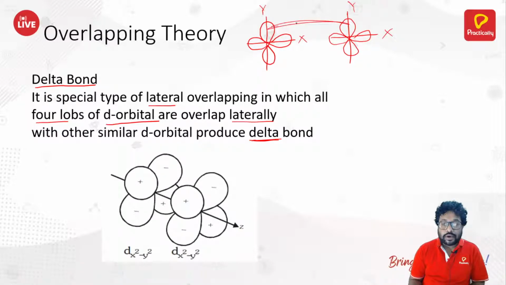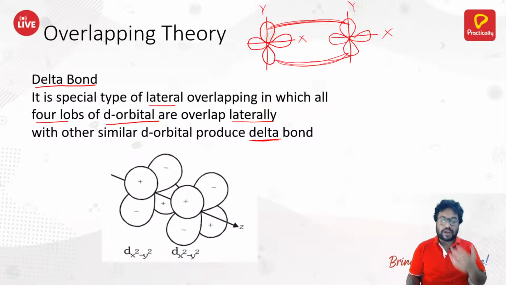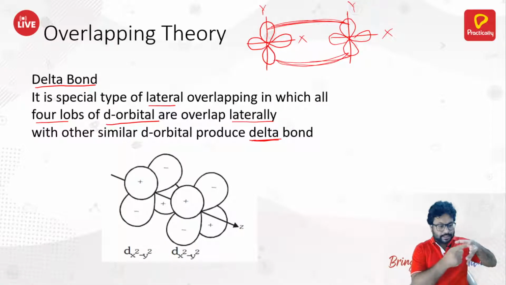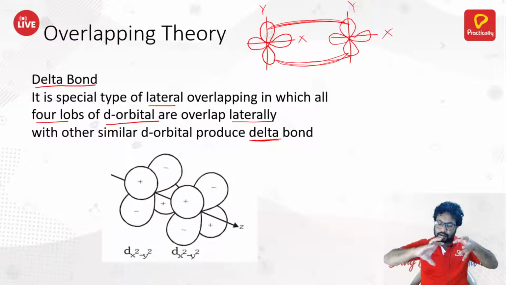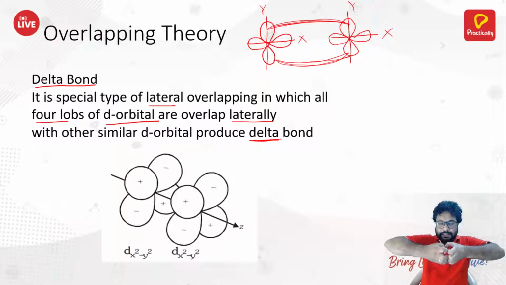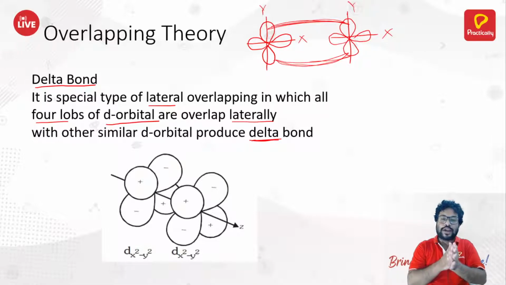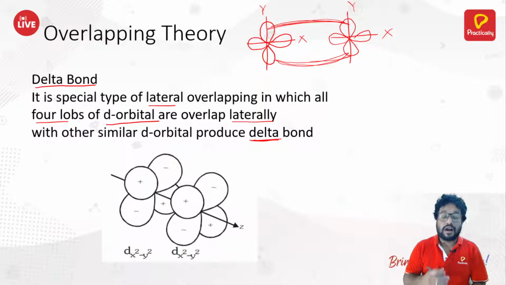I cannot show you because this is in 2D; they are actually overlapping in 3D. If you take that side of xy, it should look like this, 4 orbitals, and from this side 4 orbitals, and then they overlap laterally. So when this type of lateral overlapping happens with the d orbital, especially dx square minus y square with another dx square minus y square, then the produced bond is called a delta bond.